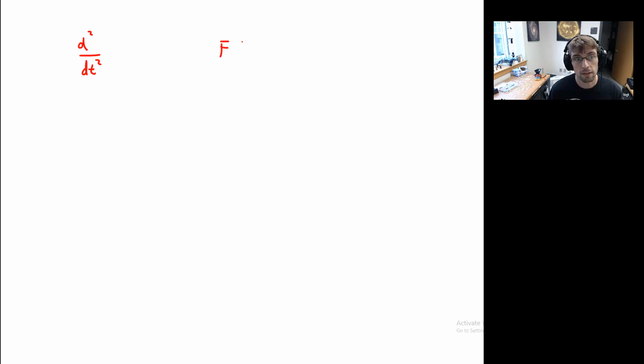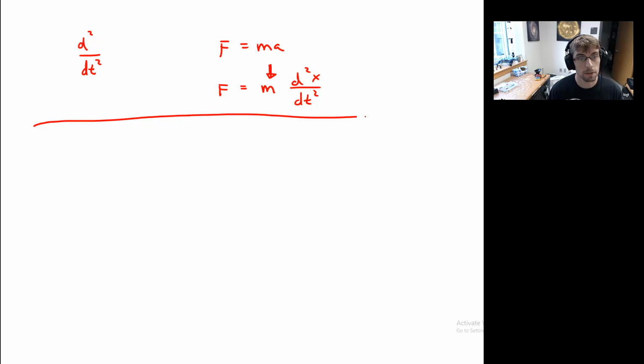If you went F equals ma, and we wrote a in its differential form, you would have something like F is equal to m d squared x dt squared. So these techniques could be used far beyond just here in this class. You could use these in mechanics. You'll see it in E&M as well.